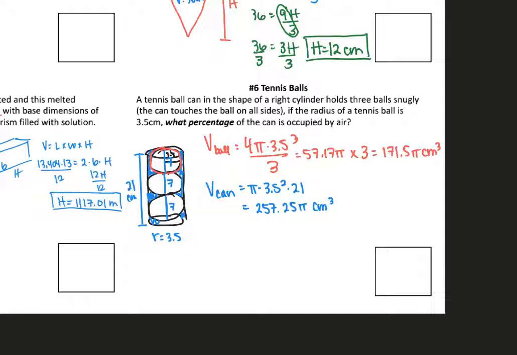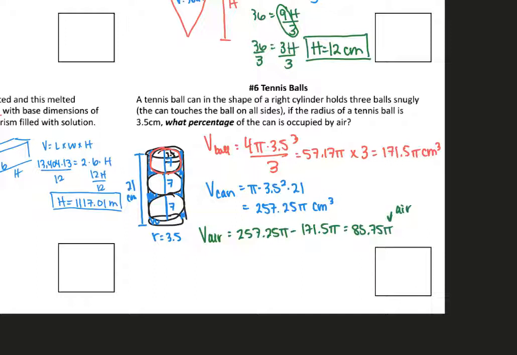Okay, so in order to figure out what space is occupied by air, we need to figure out how much air is in the can. And to do that, we need to subtract these. So we're going to do 257.25 pi minus 171.5 pi. So that's 85.75 pi. That's how much air is in the can.